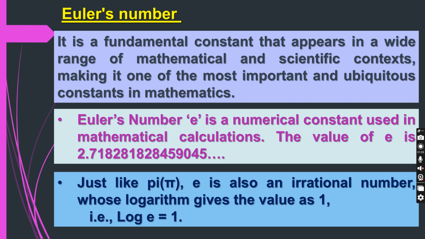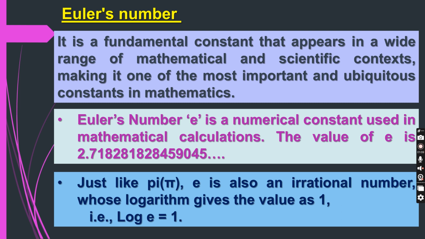It is a fundamental constant that appears in a wide range of mathematical and scientific contexts. That is called e. So it is one of the most important and ubiquitous constants in mathematics.